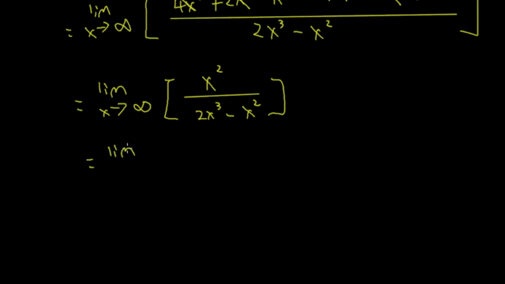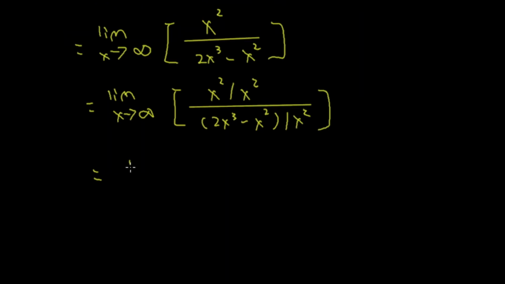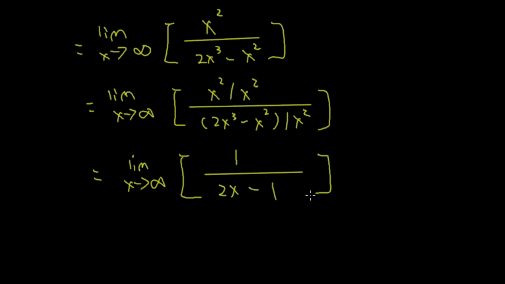So I have the limit as x approaches infinity of x squared over x squared, divided by 2x cubed minus x squared divided by x squared, right? I have not changed anything. Now, what do I have left? Limit as x approaches infinity, x squared over x squared is 1, divided by 2x cubed over x squared is 2x, minus x squared over x squared is 1.